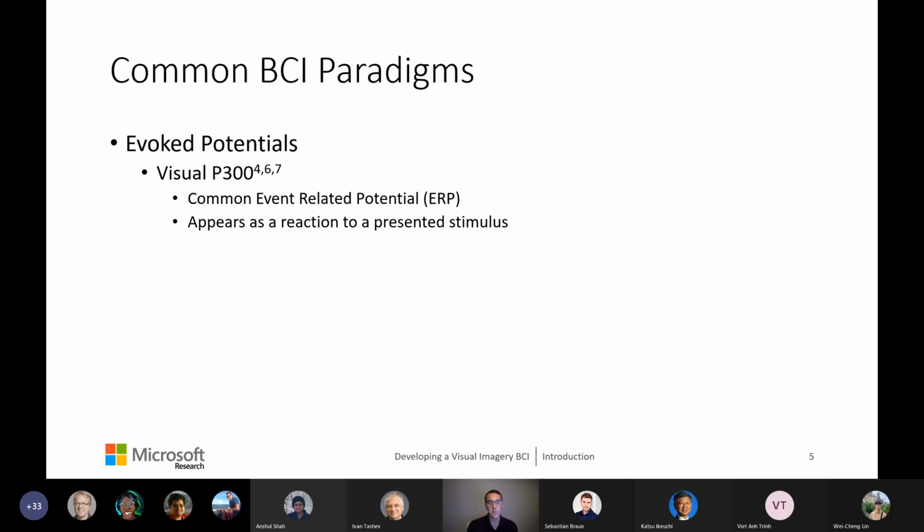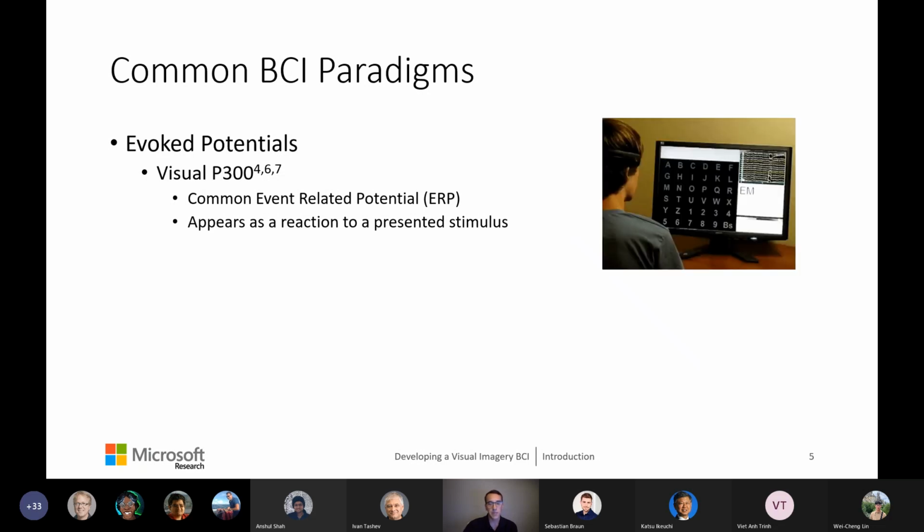In the evoked potential, possibly the most well-studied and well-known paradigm is the visual P300. This is a common event-related potential that appears as a reaction to a presented stimulus. One application of this that you might have seen before is the P300 speller. How these devices work is you would have a subject spell out a word or a phrase just by looking at one of the letters at a time on this keyboard.